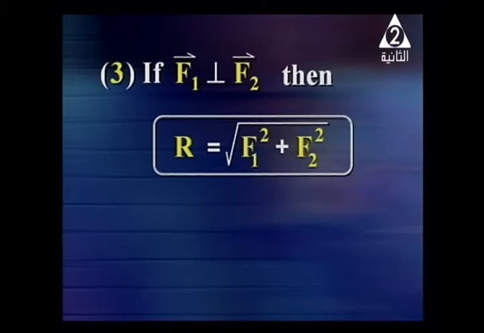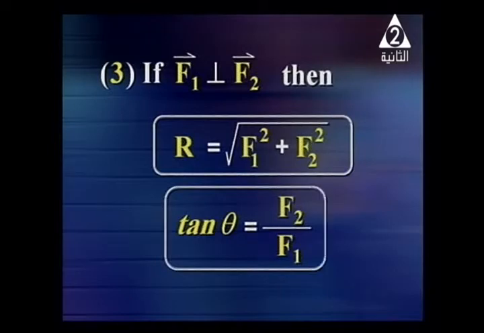Then the rule becomes that the resultant of two forces equals square root of F1 squared plus F2 squared. And the direction is tan theta equals F2 over F1. Remember, theta is the angle between R and F1.